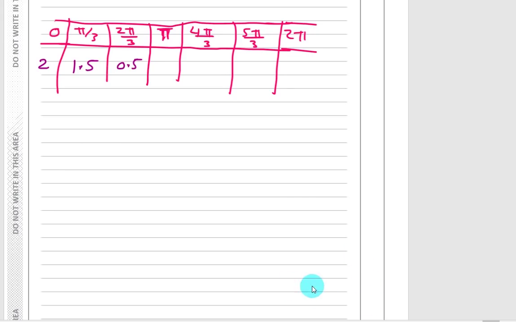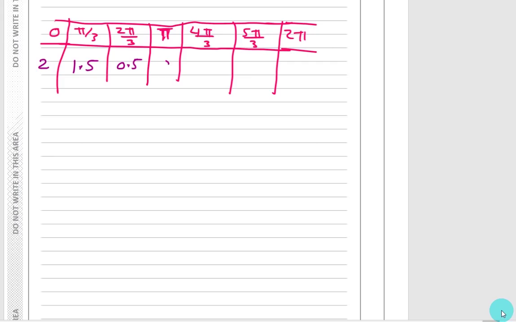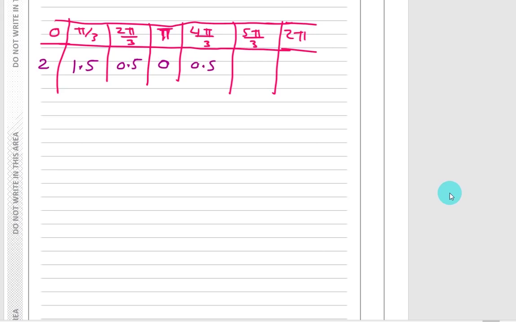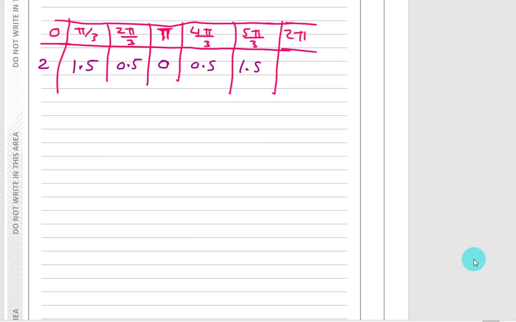Now pi, zero. 4 pi over 3, half. 5 pi over 3, 1.5, and the 2 pi is equal to 2.